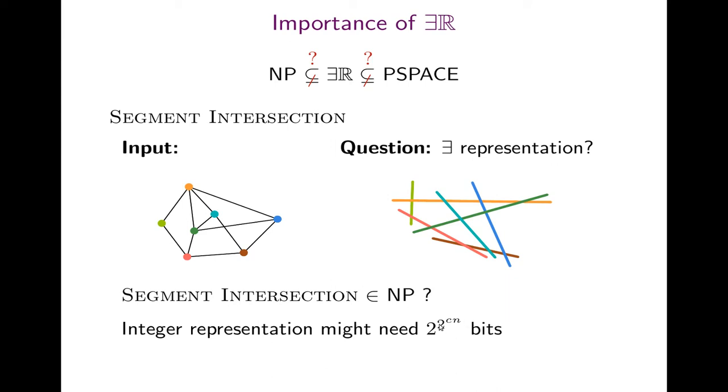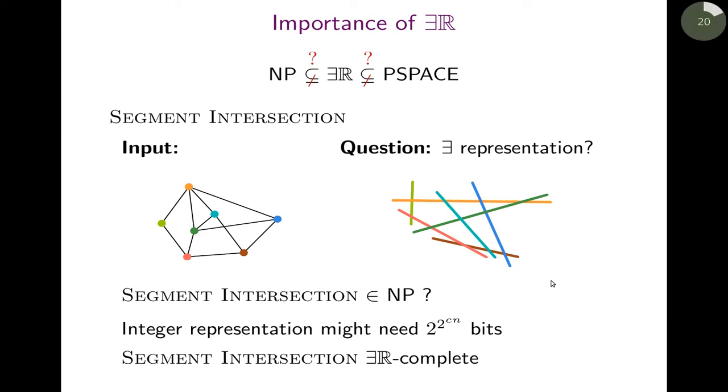This 2 here is too much, but this means that the size of the integer is 2 to the cn, which means it would not be polynomial bit length, and so it is too large to guess. And n is the number of vertices of this graph.